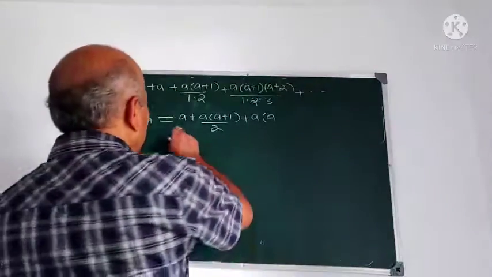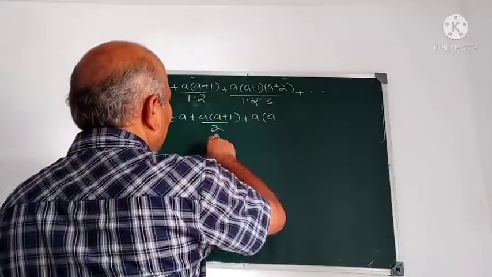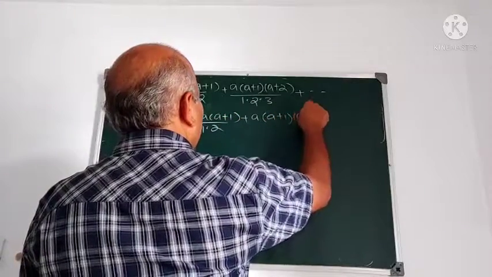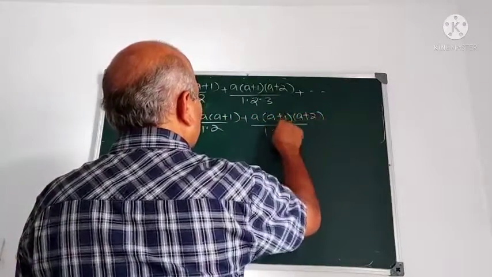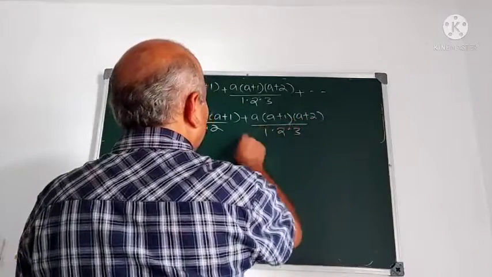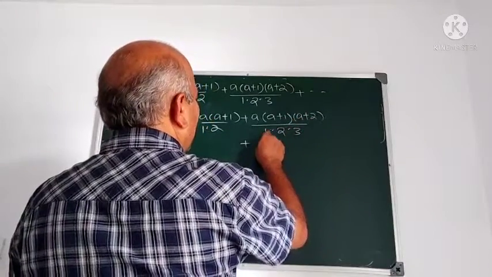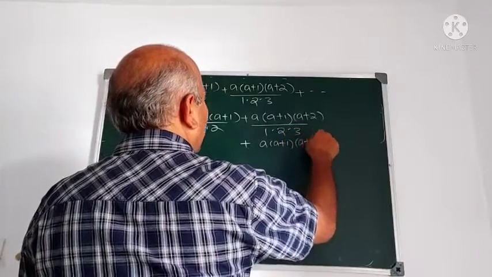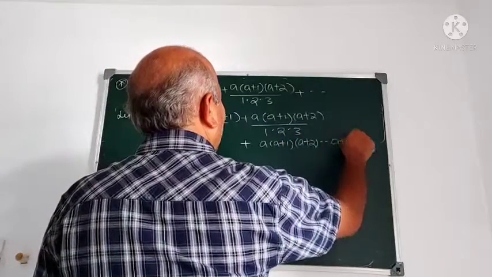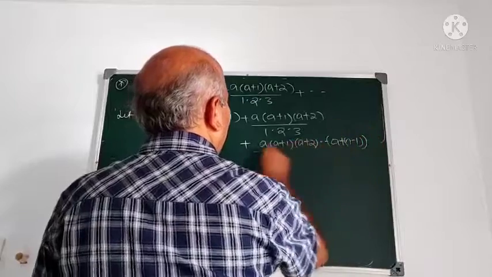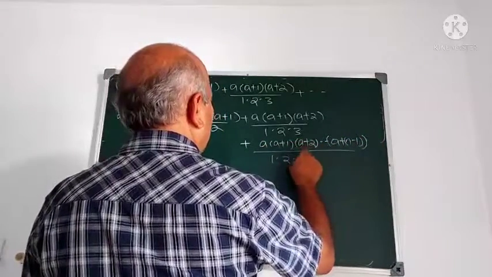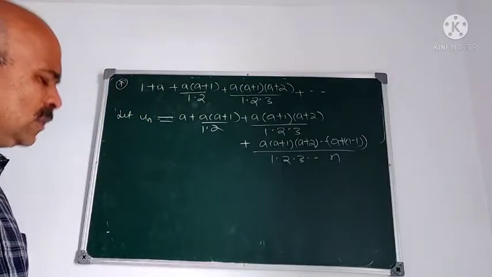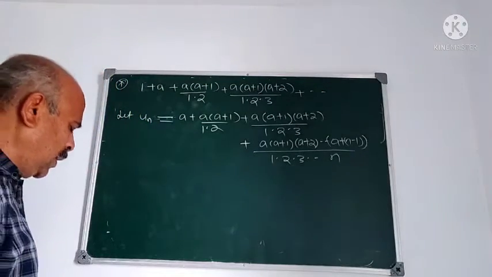So we leave the first term and un is a into a plus 1 by 1 into 2, a into a plus 1 into a plus 2 by 1 into 2 into 3 plus, what is the nth term? A into a plus 1, a plus 2, etc., a plus n minus 1 divided by 1, 2, 3, etc., n. Correct? 1, 2, 3, etc., n.